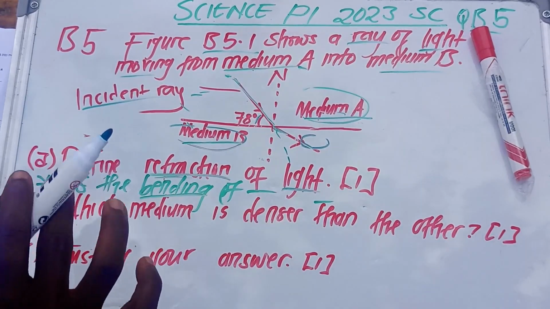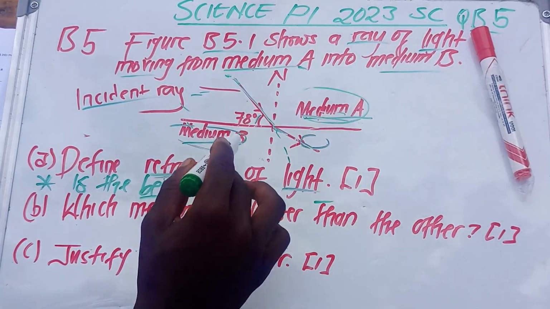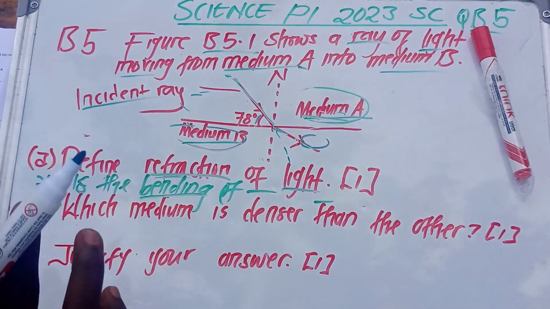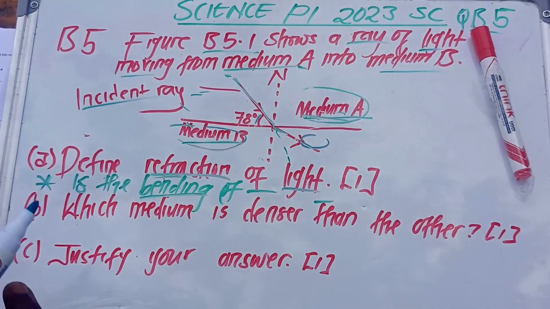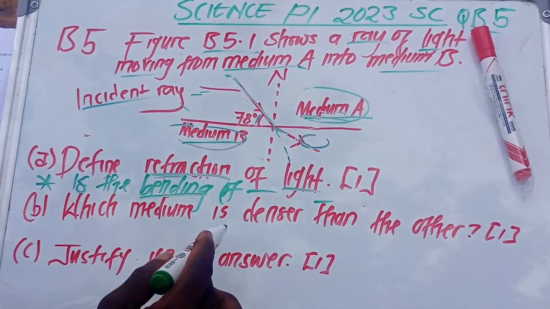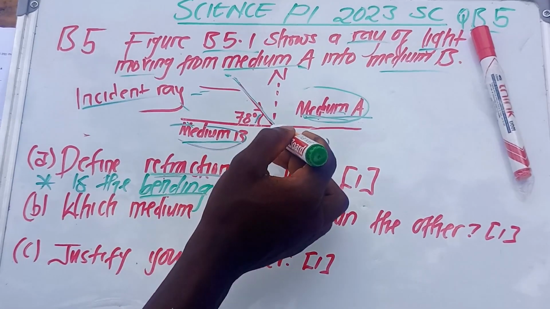So I want you to get something. How can you tell that either medium A or medium B is denser than the other? There are some things which you need to consider. Whenever you have been asked this question, consider the movement of this ray of light, the way it has bent.